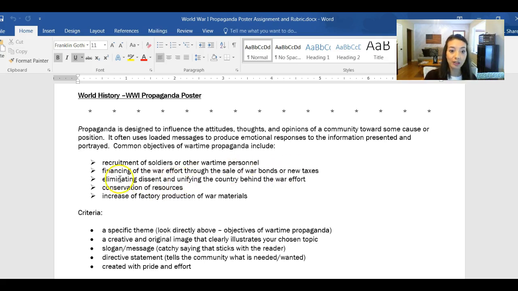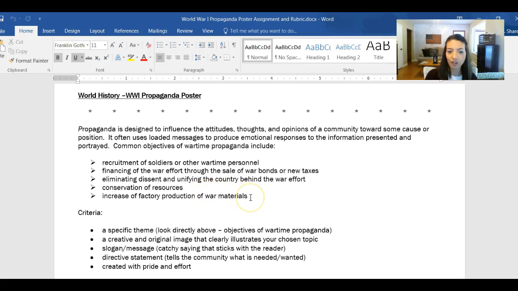Maybe it's about eliminating dissent, so different ideas, and unifying the country behind the war effort. Perhaps it's about conservation of resources, saving, not using as much, because the more that you save, the more that can be used towards the war effort and winning.